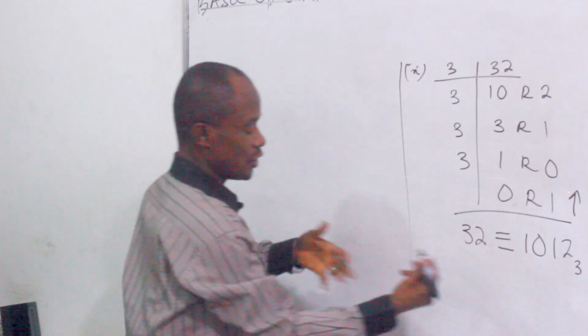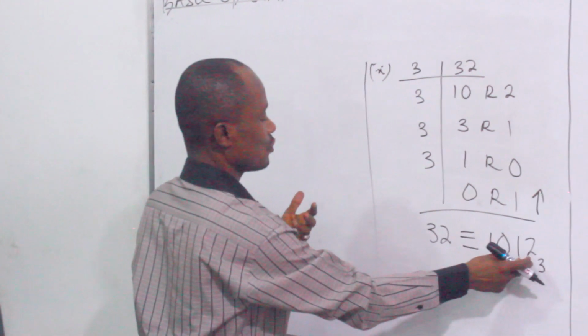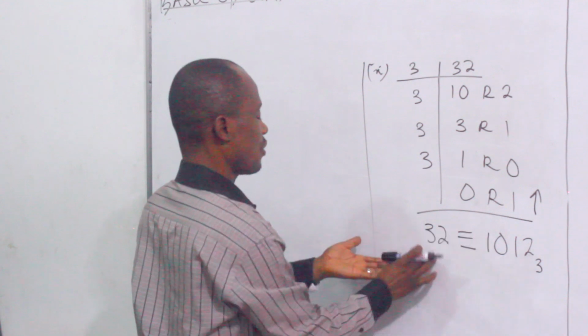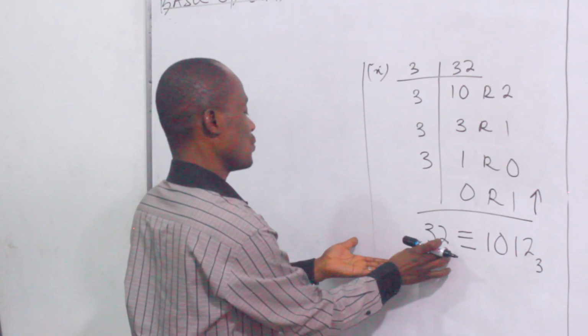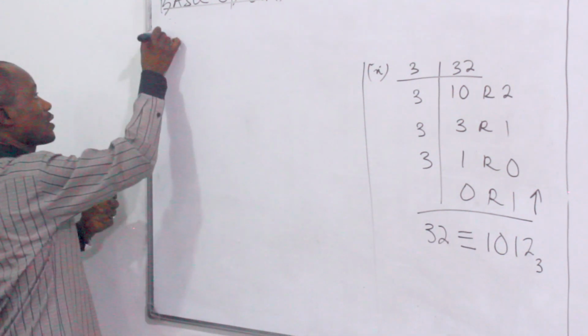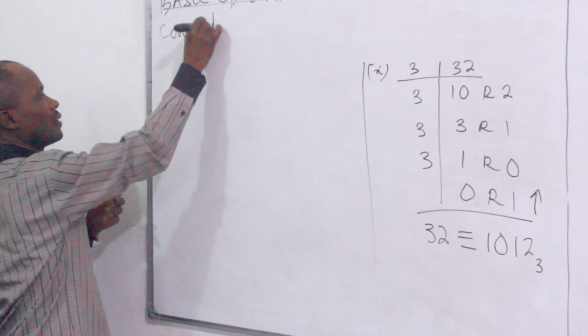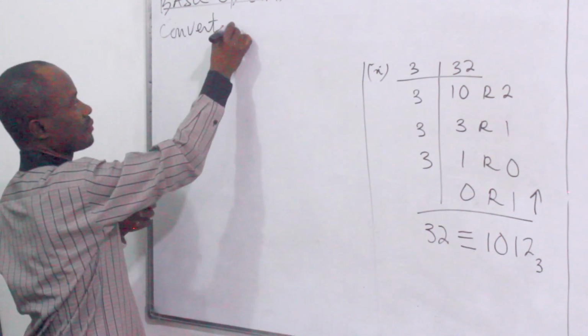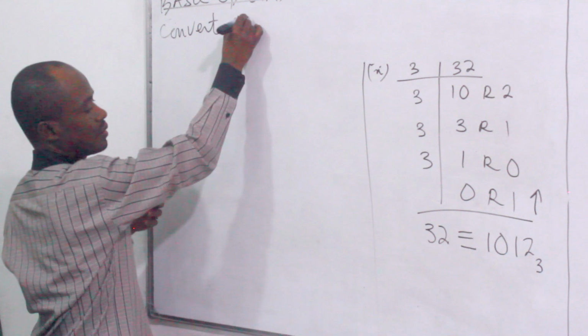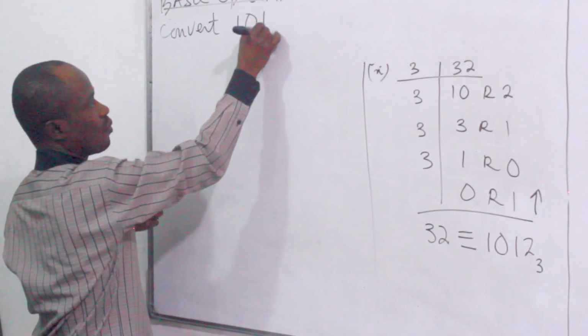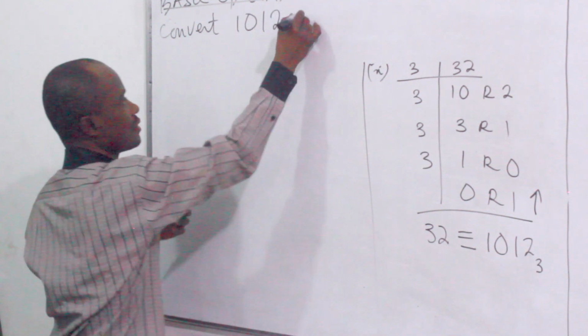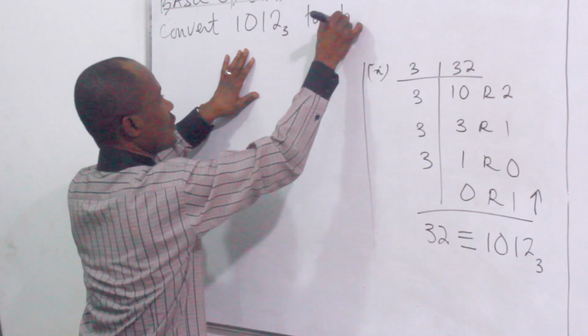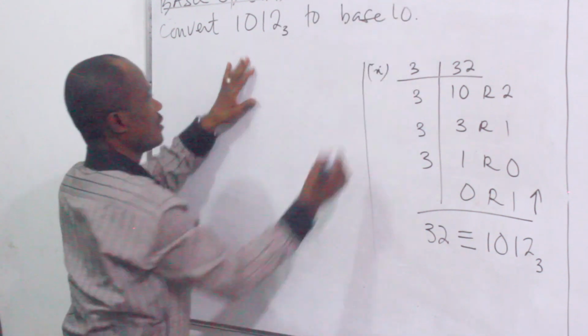Supposing, having known that 1, 0, 1, 2 in base 3 is equivalent to 32 in base 10, we are asked to convert 1, 0, 1, 2 from base 3 to base 10.